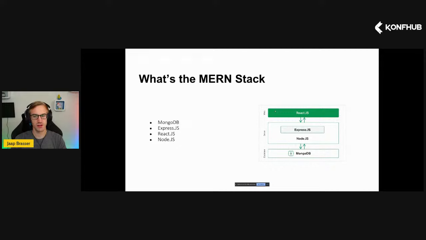On the server side, we use Node.js and Express, and the front end is done with React. Pretty straightforward. I know a lot of people are always opinionated about stacks. For me, they're just a means to an end to get the job done. This is what we've built our demo app on, and we'll go into details about that in a little bit.